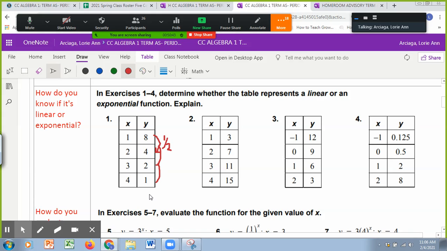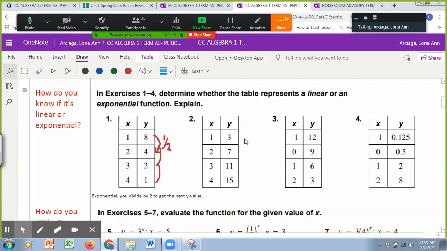If you're multiplying by a common number or dividing by a common number, then this is exponential, because you divide by 2 to get the next y value. If you divide or multiply, it's exponential. But if you add or subtract, it's linear.